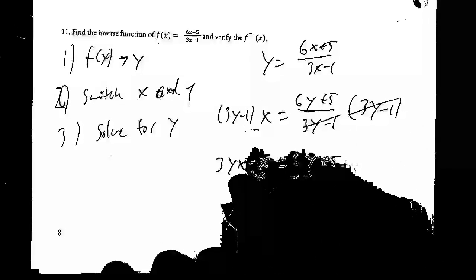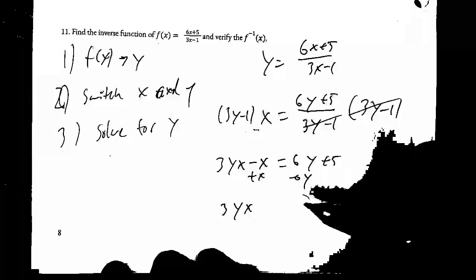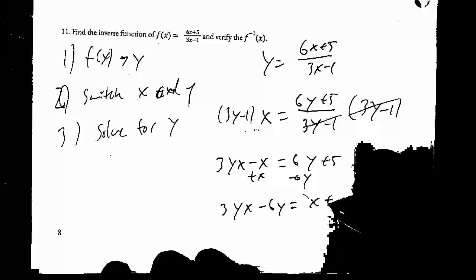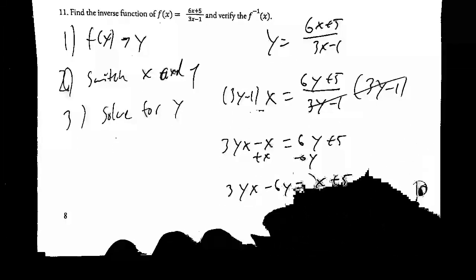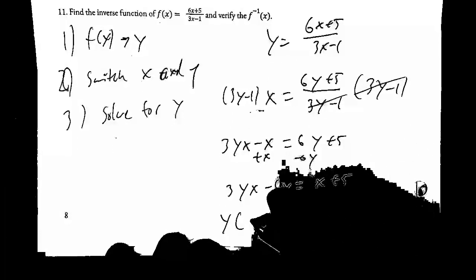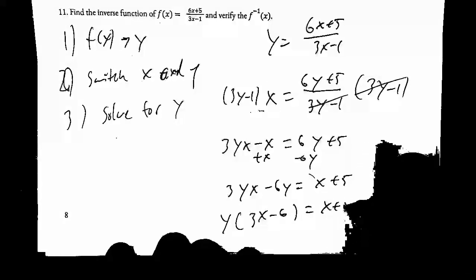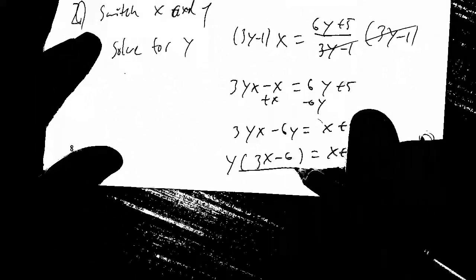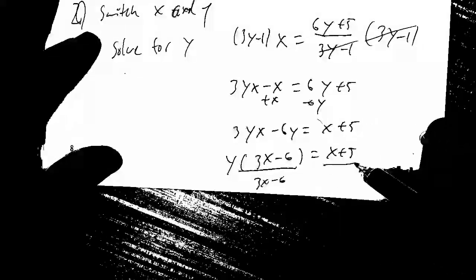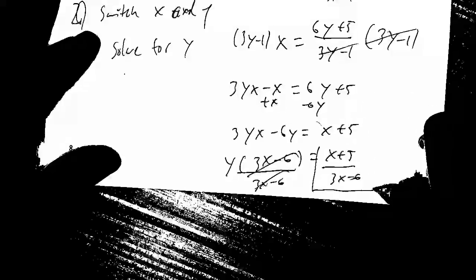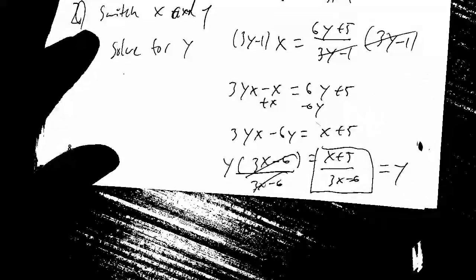So now we have 3yx minus 6y equals x plus 5. Then we'll factor out that y, y times 3x minus 6 equals x plus 5. And then we'll divide both sides by 3x minus 6, and that's your answer. This equals y.